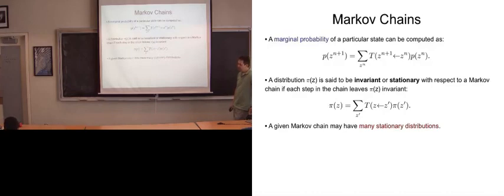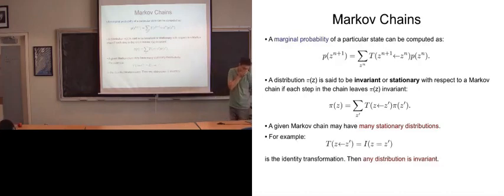So a given Markov chain can have many stationary distributions, pi. So for example, let's say you have a transition operator which is just the identity. Okay? It's not a very interesting transition operator.